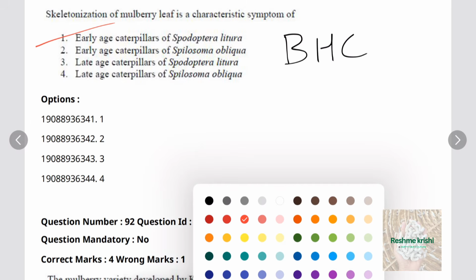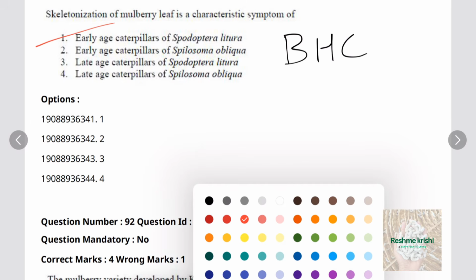Is this the correct question? Yes. One second. Sorry, it's a major mistake I have made.